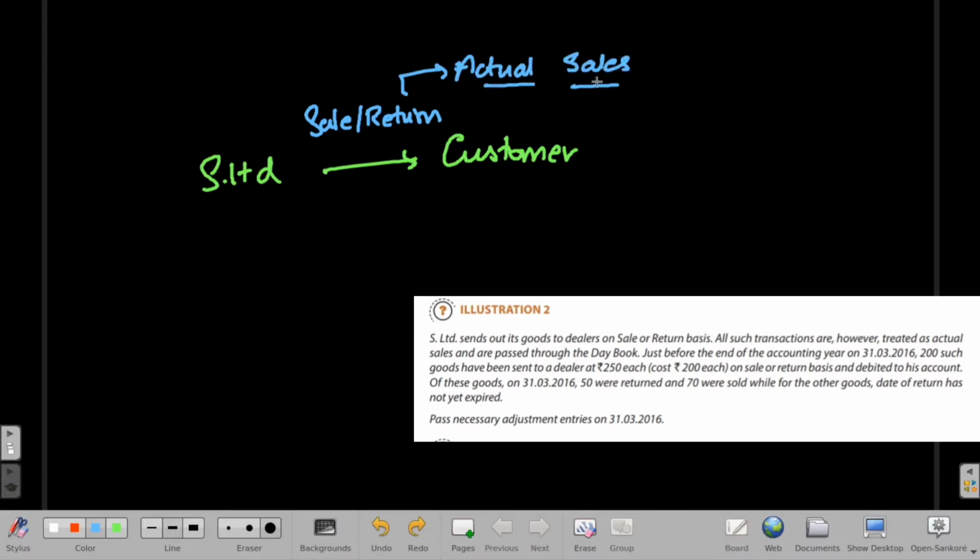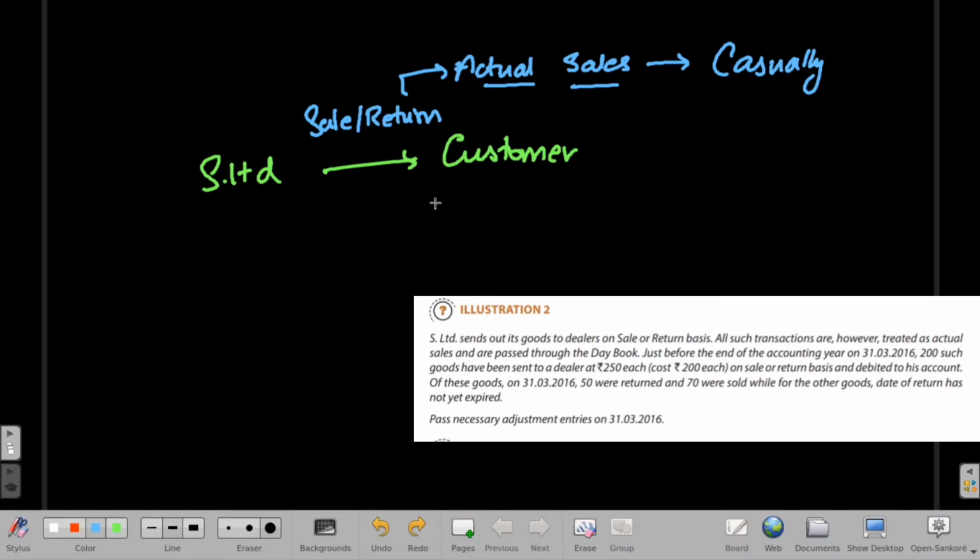So this means S Limited has treated the sales as actual sales and has recorded them in the books. So this would come under the category of casually. As we all know, under the category of casually, the goods which are sold are immediately recorded in the books of accounts. So even in this question, they have told that S Limited has recorded these entries.